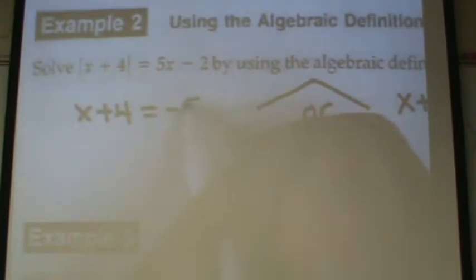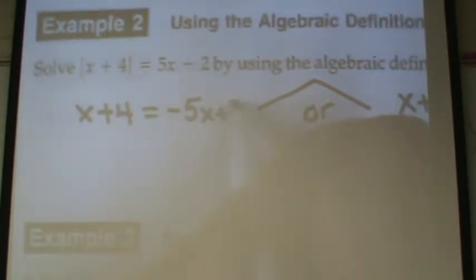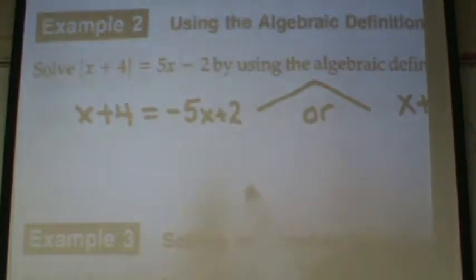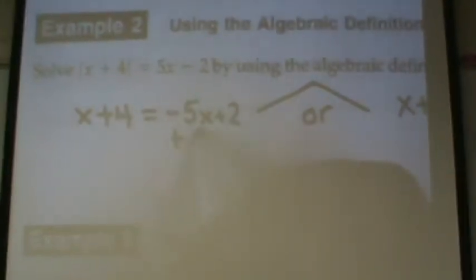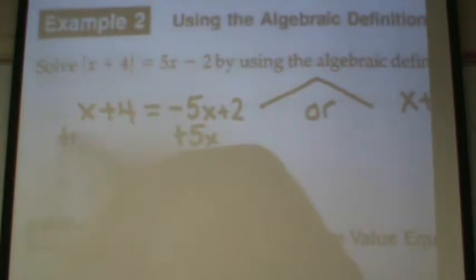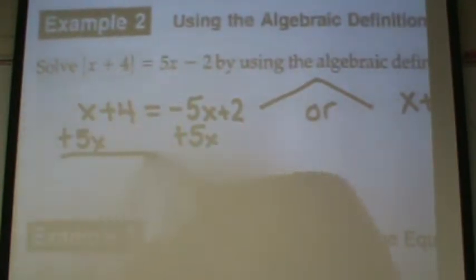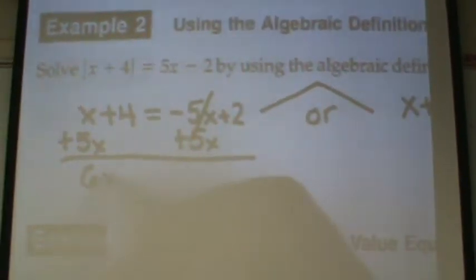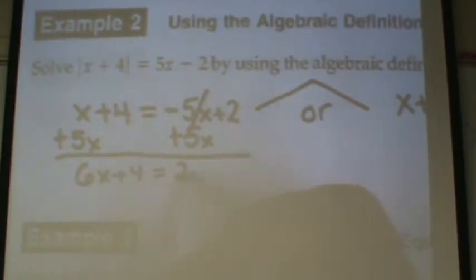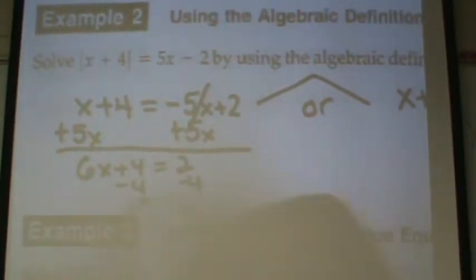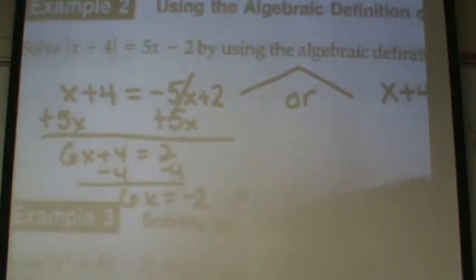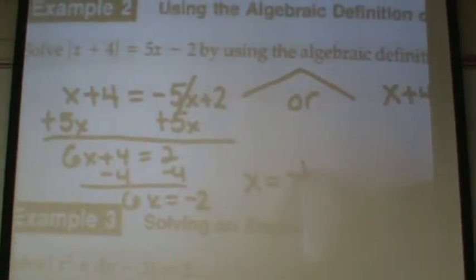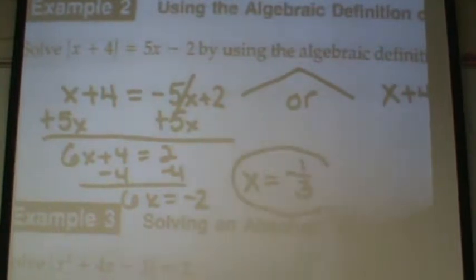Negative 5x. Very good, negative 5x plus 2. So when we solve, I would add 5x here. I get 6x plus 4 equals 2, subtract 4, 6x equals negative 2, divide by 6, and you're going to get negative 1/3 when you reduce it.